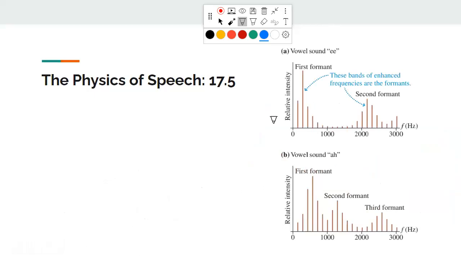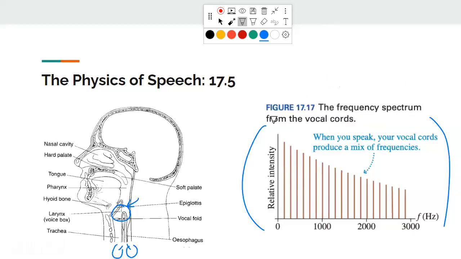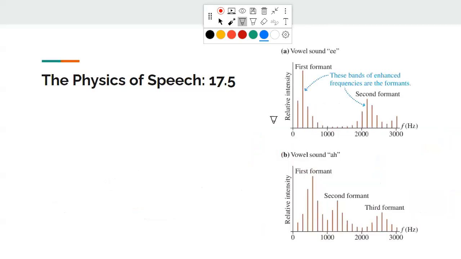And then by moving different parts of our mouth, our tongue, our lips, we can modulate this frequency spectrum. So this just monotonically decreasing spectrum gets these little bumps, which in linguistics are called formants. Those are the regions of the frequency space that actually contribute to what we consider the sound of a letter.